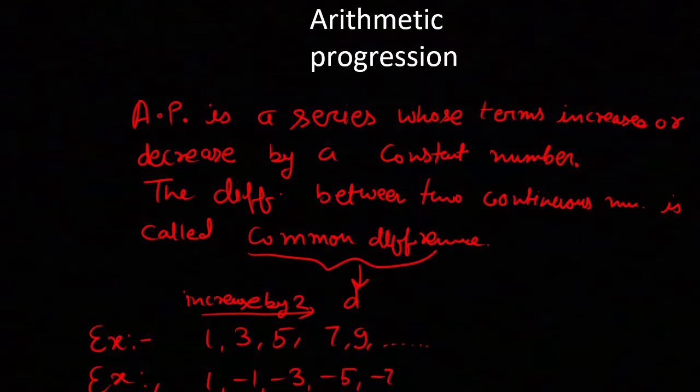This is a decreasing arithmetic progression, decreasing by 2. Now if you write the common difference of this series, d is equal to +2 because it is increasing by 2, and this series' common difference will be minus 2 because it is decreasing by 2. So this is the basic idea and concept of arithmetic progression.